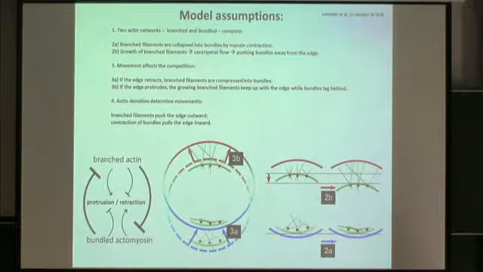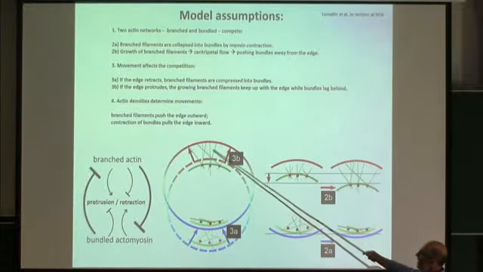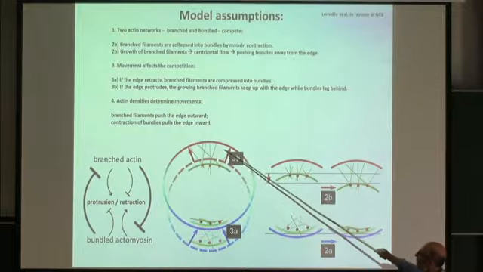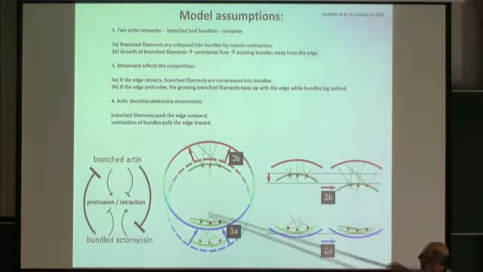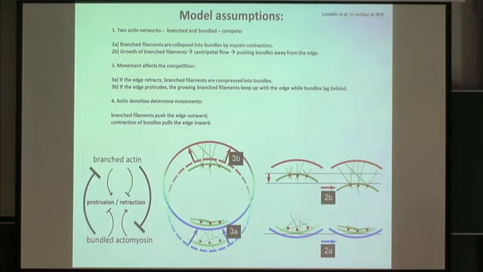The movement of the boundary is coupled to the densities. If there's a lot of branched actin, the boundary protrudes. If there's a lot of bundles, the boundary retracts. So the key again is that there's a feedback between the movement and the competition, plus the competition between two networks.